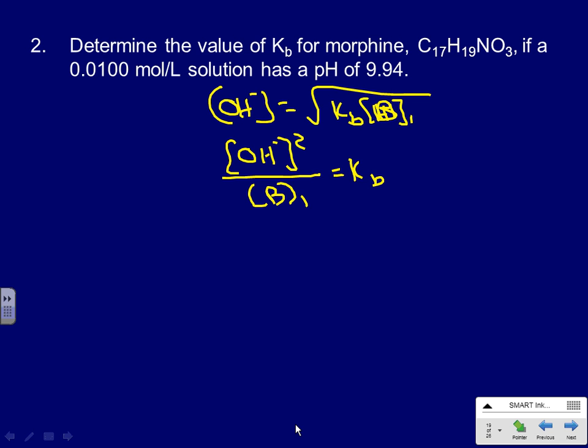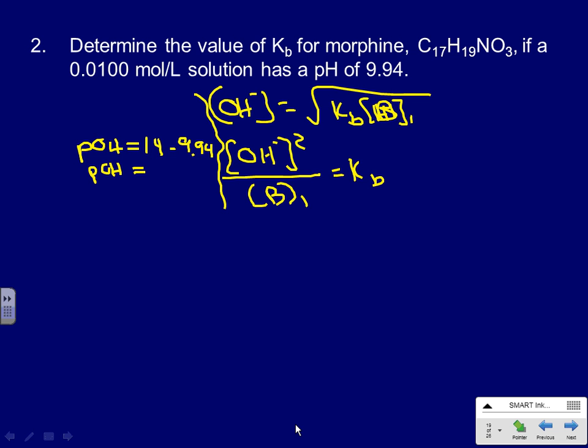Again, how much information you want to display to me depends on your gambling tendencies, I guess. If you want to write down POH equals, that might not be a bad move because sometimes we might forget to do that, 14 minus 9.94, because we do need that POH value.